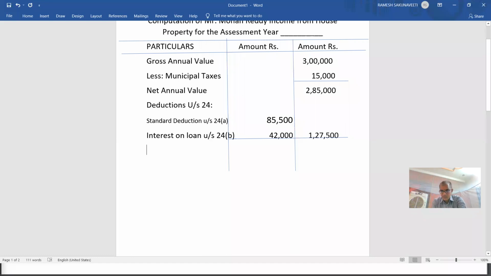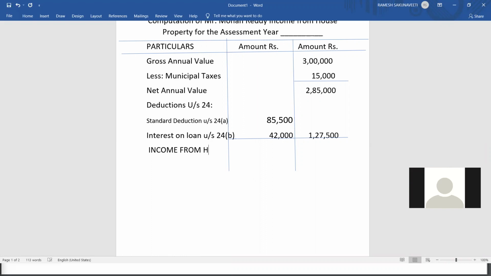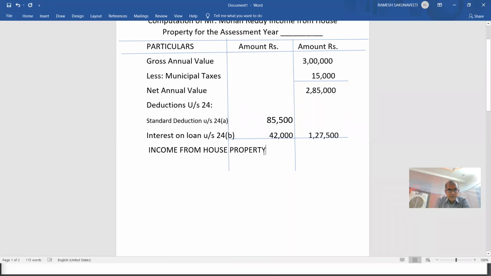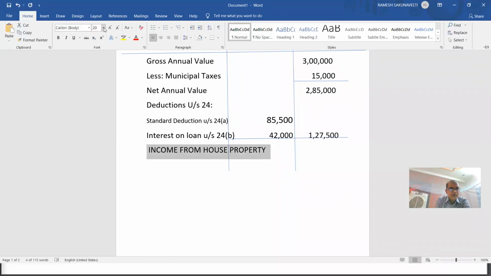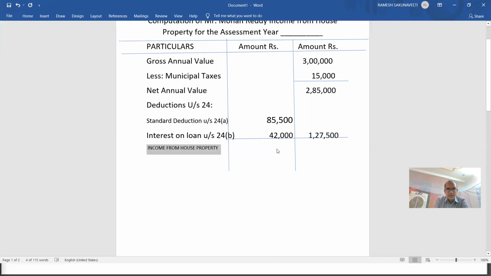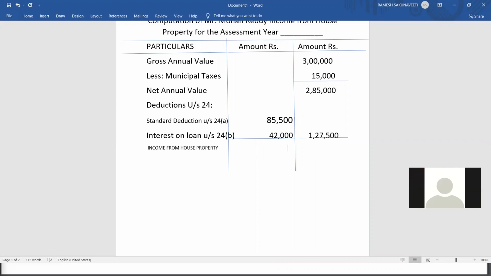Okay, now this is income from house property. Now, if you deduct 1,27,500 from 2,85,000, what is the amount? 1,27,500 only? No, it will not come like that.